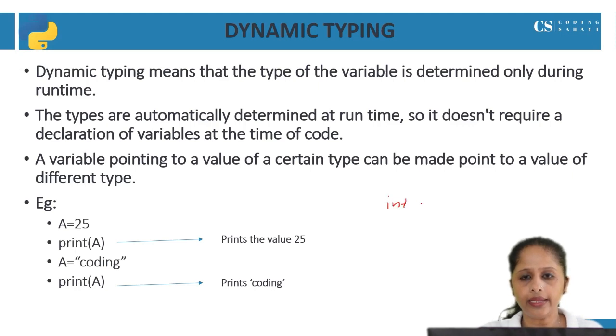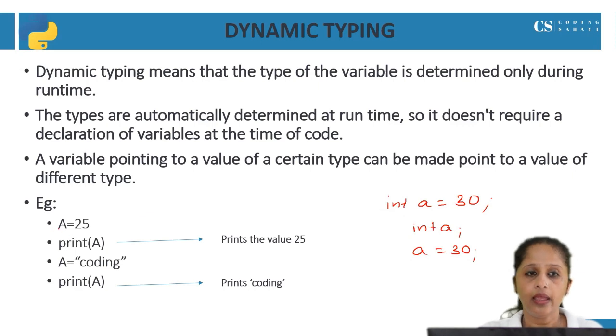For example, int a equal to 30. Like this you have to declare it. That is, the value 30 we are assigning to a, but before that a is of type integer. That must be given. This statement can be written like int a, then a equal to 30.